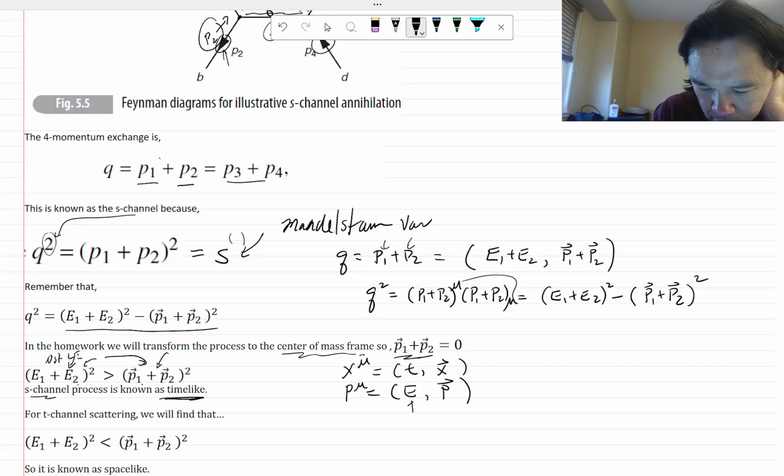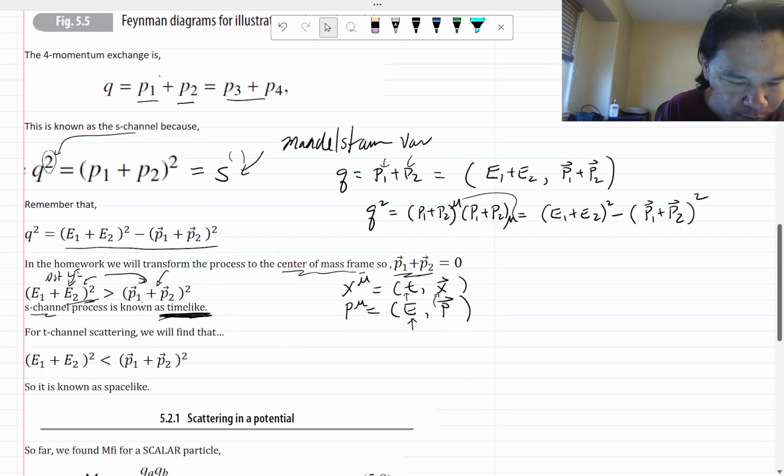So the energy is always connected to the temporal part of the coordinate system, and the momentum is the spatial part. That's why when the energy part of your 4-momentum dominates, when it's bigger than the spatial part, we call that a time-like particle, or time-like system when you have multiple particles together.